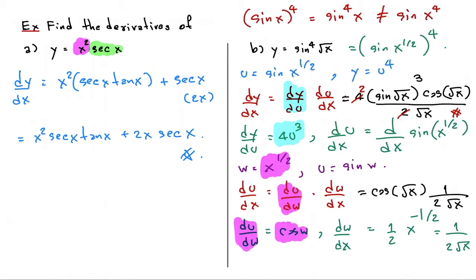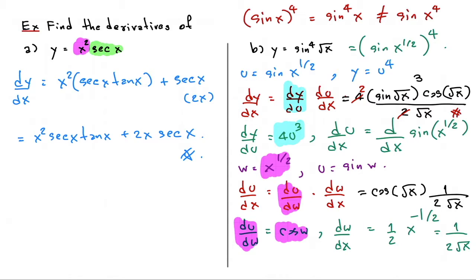So we computed du by dw, which is this guy, and dw by dx, which is this guy, and then we substitute there.